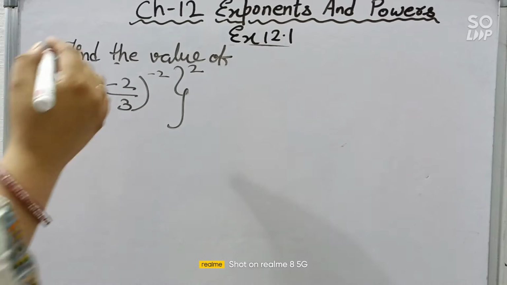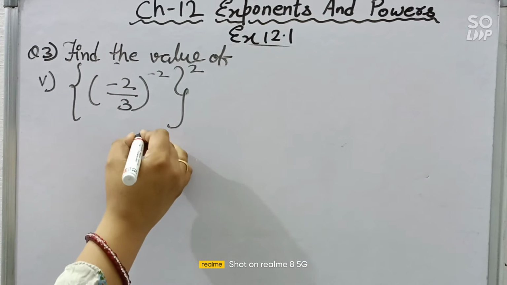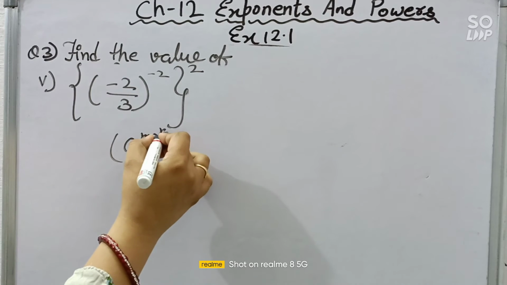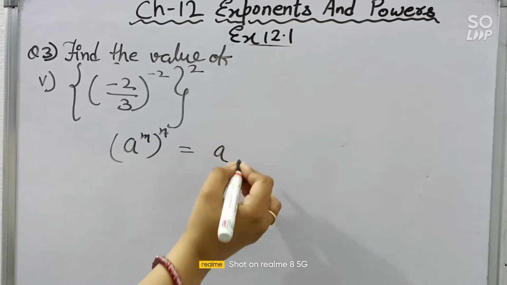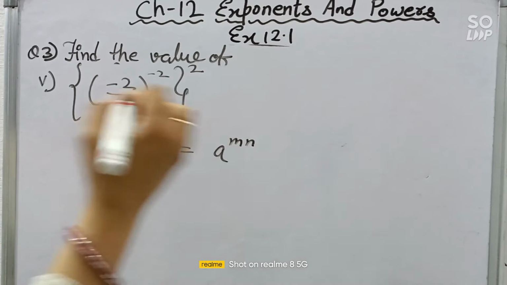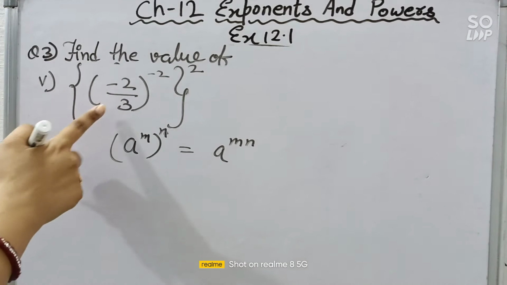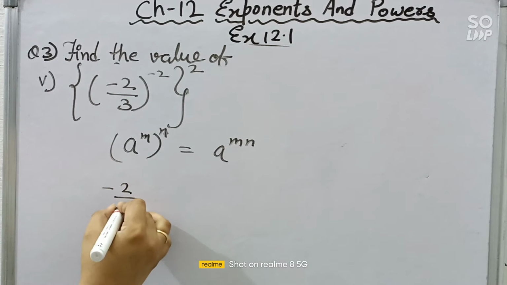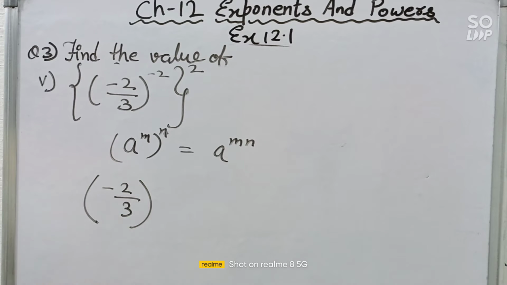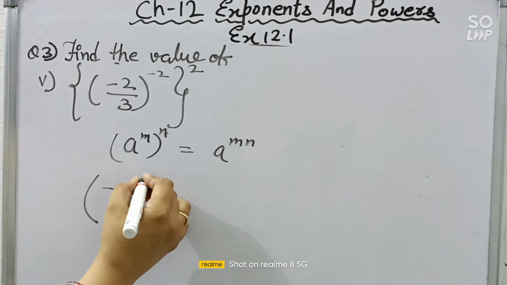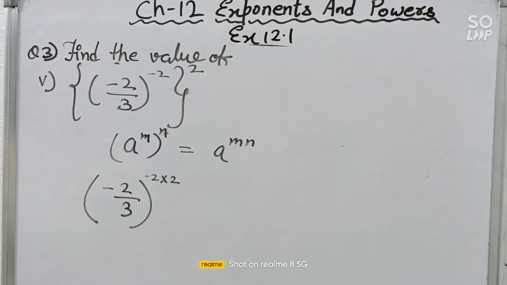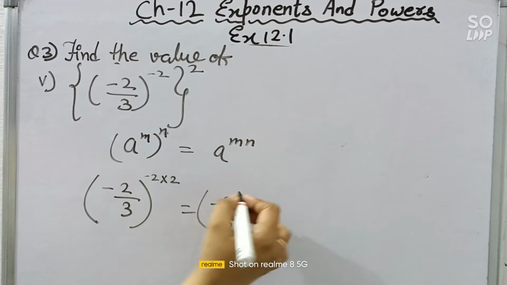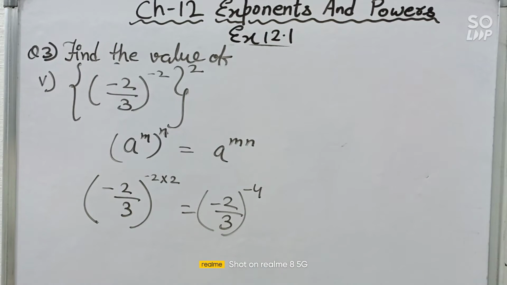Now how will we solve it? We know (a raised to the power m) whole raised to the power n is equal to a raised to the power mn. So we can apply this law in this expression. We will write (minus 2 upon 3) whole raised to the power minus 2 multiplied with 2. This becomes (minus 2 upon 3) whole to the power minus 4.